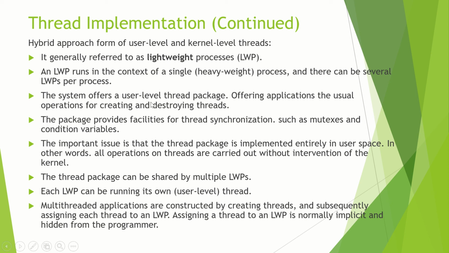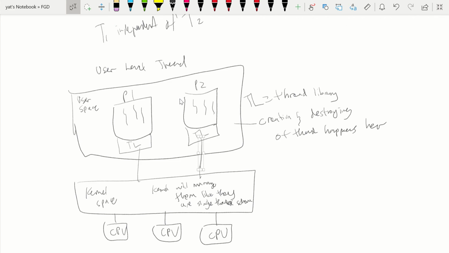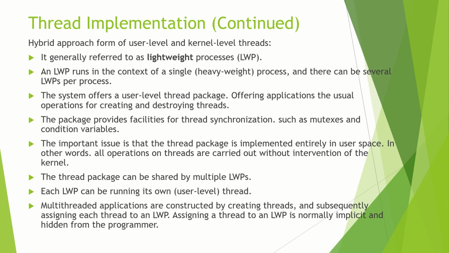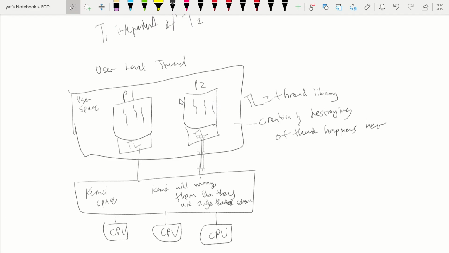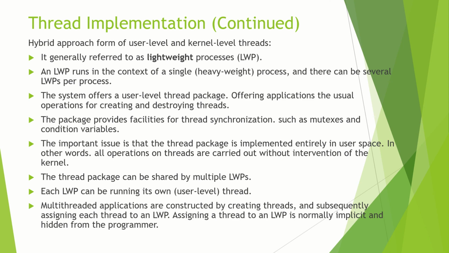The system offers a user level thread package, offering applications the user operations for creating and destroying threads. So creating and destroying threads are done in user space, and this is the kernel space.